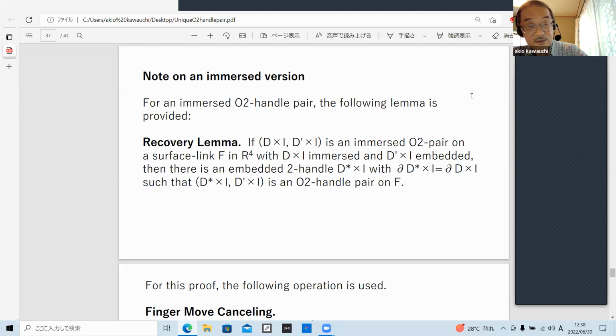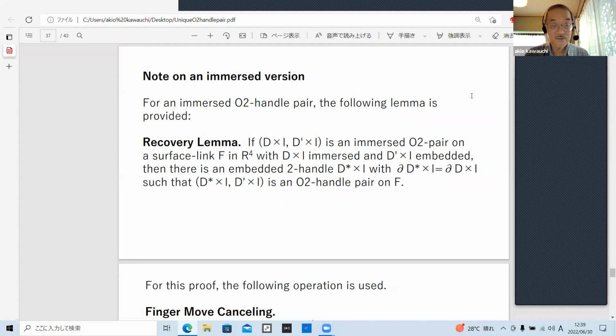If D cross I, D dash cross I is an immersed 2-handle pair on a surface link F in four space, with D cross I immersed and D dash cross I embedded, then there is an embedded two handle D star cross I with boundary equal to the boundary of D cross I, such that D star cross I, D dash cross I is a 2-handle pair on F. So the immersion's double points are removed.